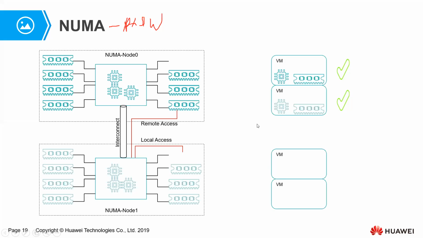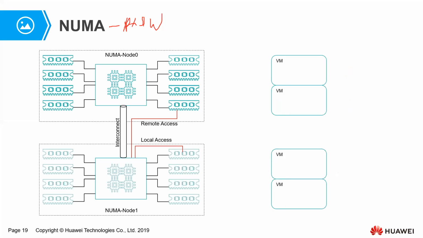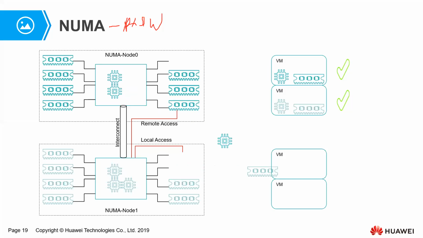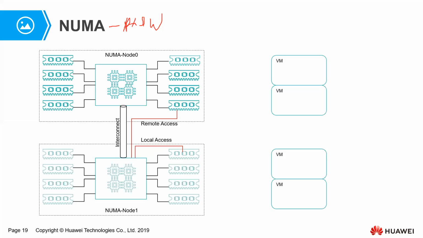So with this one we are getting memory from different nodes. Are you seeing the animation? Please look at the animation clearly.